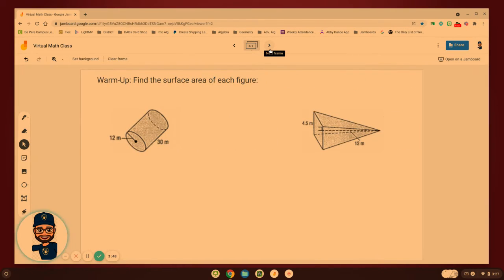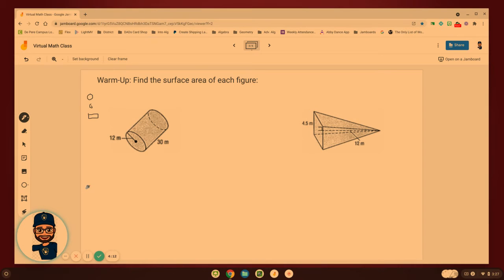Here's a warm-up, all right? Let's see if we can't find the surface area of a cone. Now, when we draw a cone, we have to remember a couple different parts. First, we've got two circles. You do it this way, two circles, plus this rectangular piece that goes around them if I unfolded it.